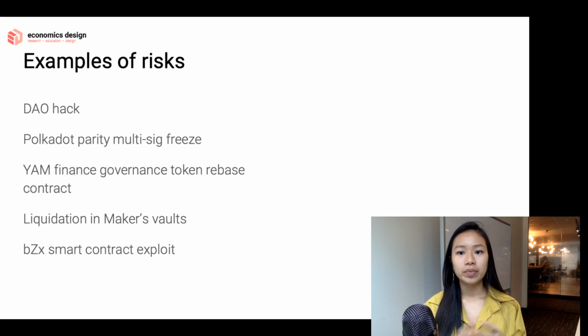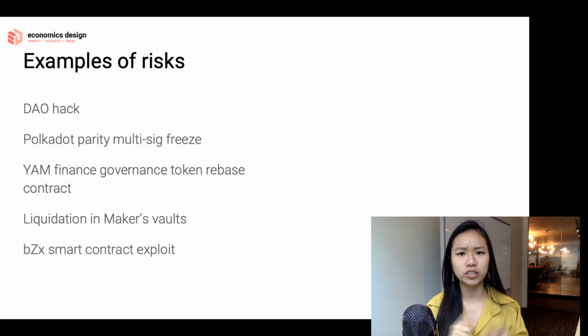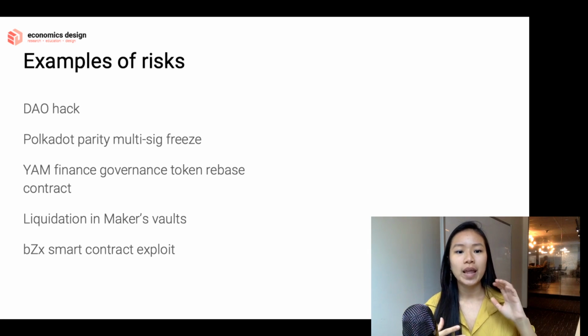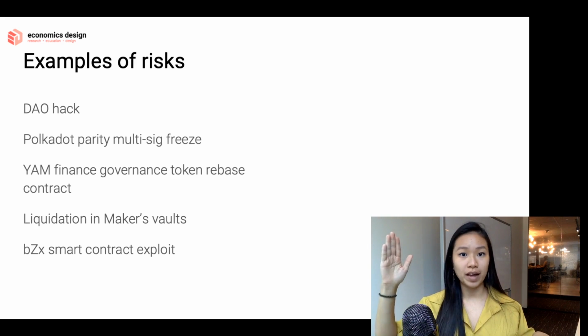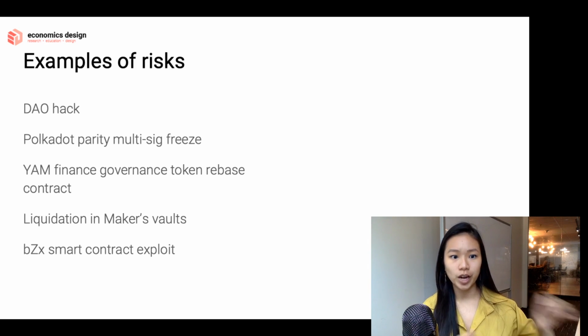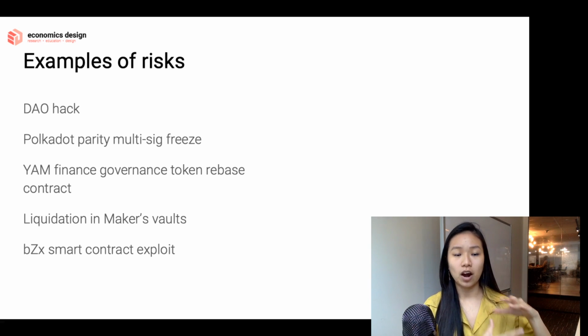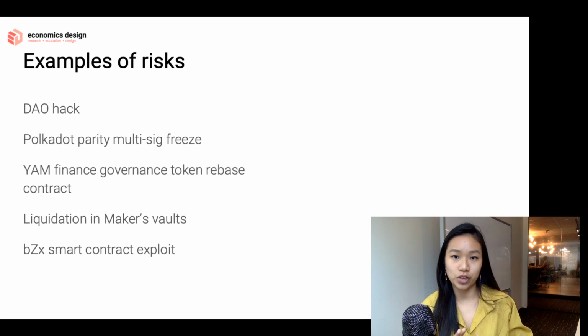During this period, because everyone had margin calls, there were lots of transactions going on. It was very expensive to send any transactions through, and a lot of people had to replenish their vaults because the prices of all the assets dropped dramatically. Because they couldn't get their transactions in on time, their vaults were auctioned off, and someone got a lot of collateral for very little DAI.